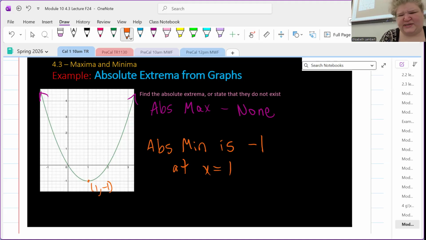Like that's one of the ways I'll phrase it. But when it asked for the absolute extrema, all it's really asking for is the y value. I just like to correlate the data for this is the absolute minimum and it occurs at this x value.